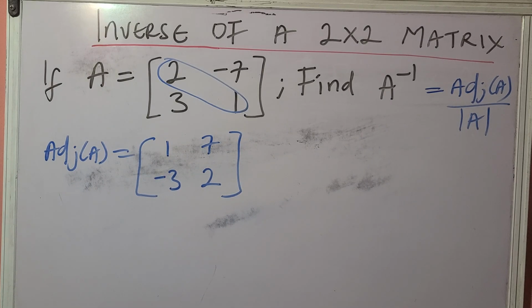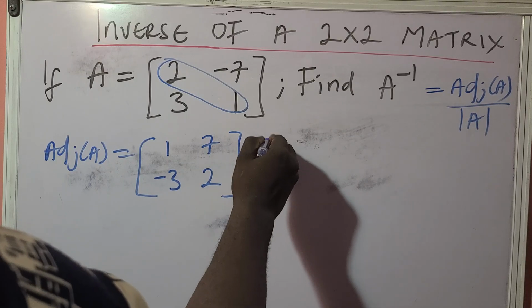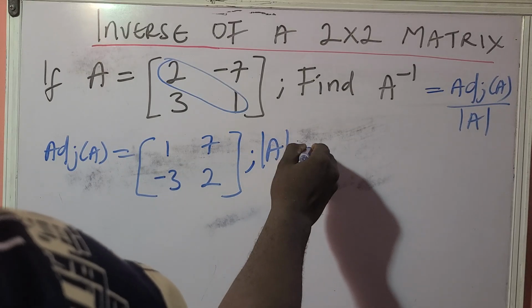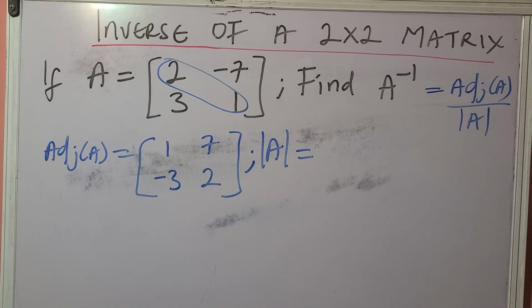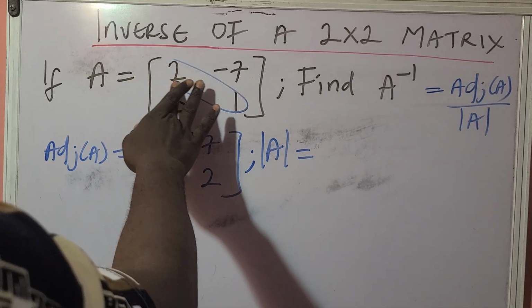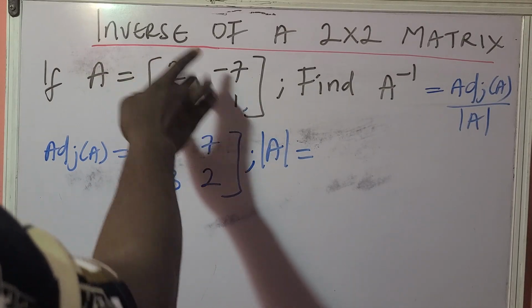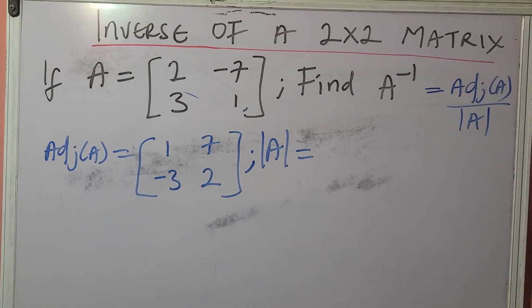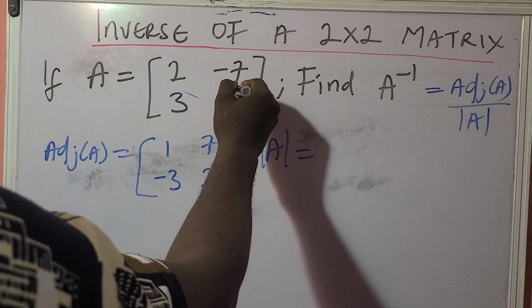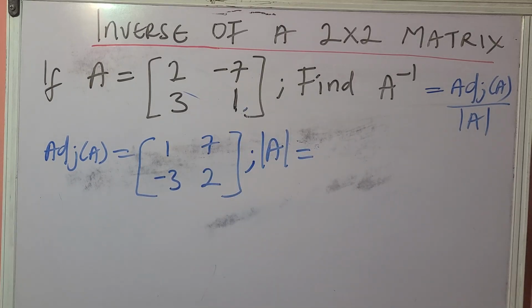Then we go on to find the determinant of A. How do we find the determinant of A? When you find the determinant of A, you multiply the leading diagonal and subtract the product of the other diagonal from that.